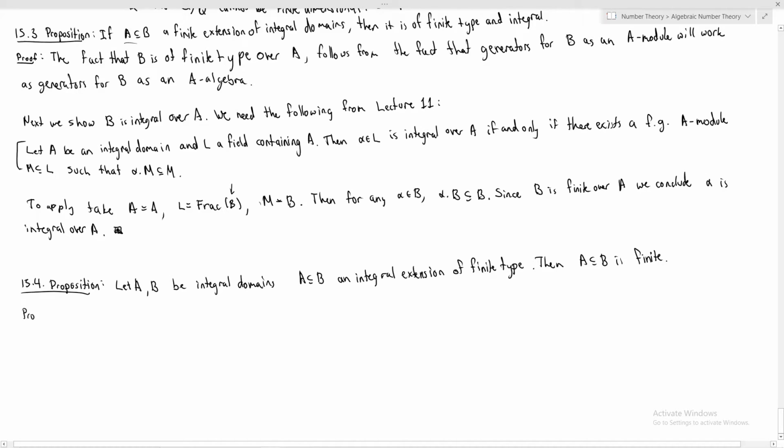Okay, let's go ahead and get into the proof. So essentially we're going to prove this by induction on the number of algebra generators.